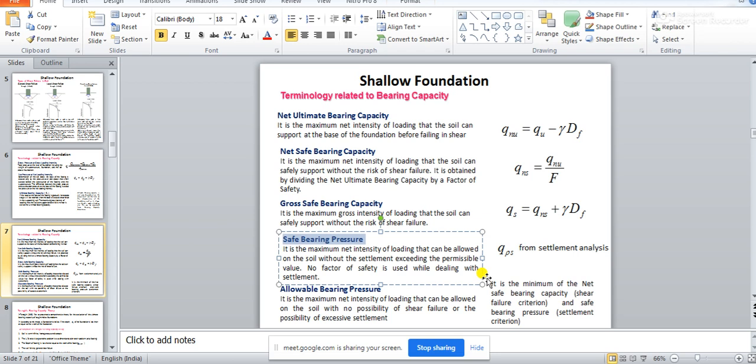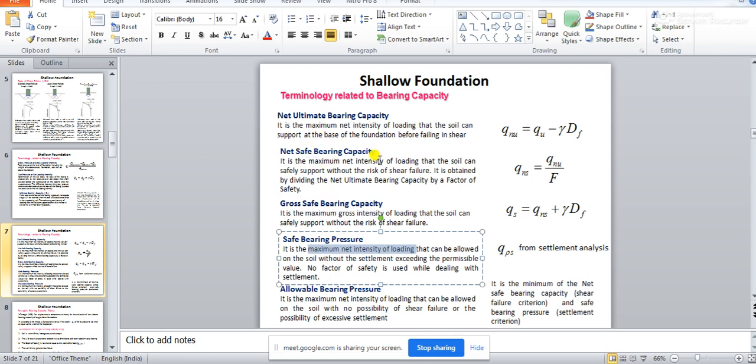So, basically definition wise, the safe bearing pressure is nothing but the maximum net intensity of loading. Again you see the maximum net intensity of loading, which we have already understood in net safe bearing capacity also. Here also we are saying maximum net intensity of loading, but these two terms are different.